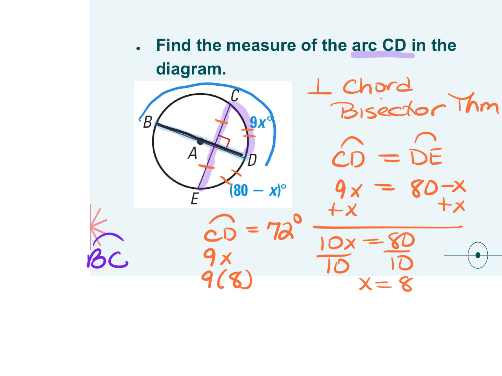And if I already know this piece right here is 72, and I know a semicircle arc is 180, I could subtract 180 minus 72, and arc BC would be 108. So again, be able to find the missing parts, whether it's an arc, a chord, that I ask you to find.